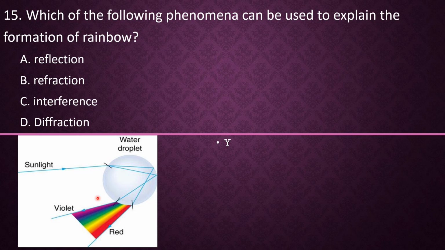And so before they reach Earth, a lot of their components have scattered off, right? All the various components with shorter wavelength, like maybe the violet, the indigo, the blue, the green, they have all scattered off, leaving only components of light with very long wavelength, like the red, the orange, the yellow. And so that's why the sky appears to be reddish, yellowish when the sun is rising, and also when it's setting.